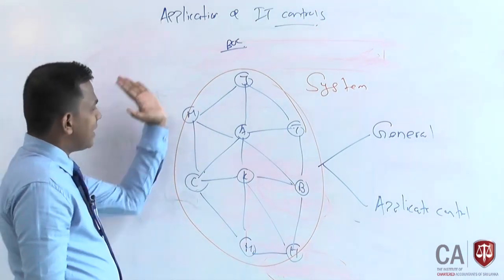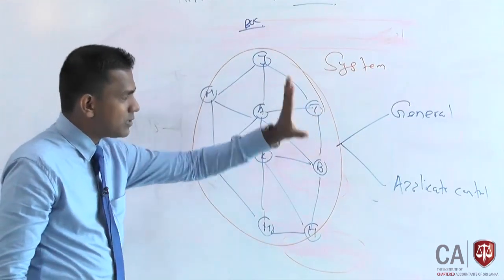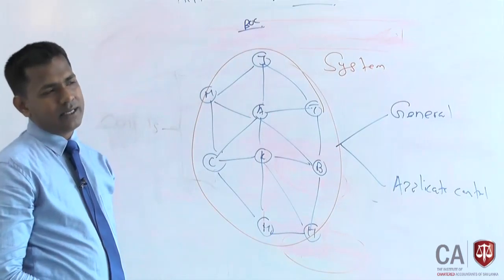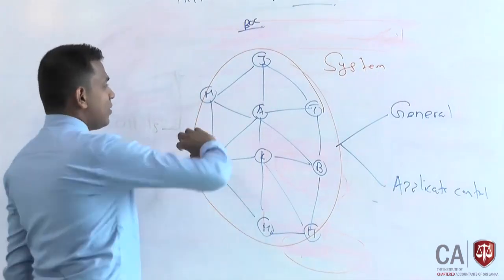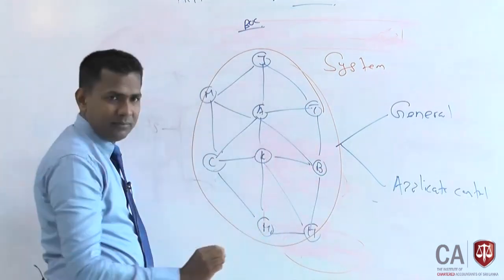So in this particular banking system, there are general controls and application controls in terms of IT. General control means controls to safeguard this entire computer system.